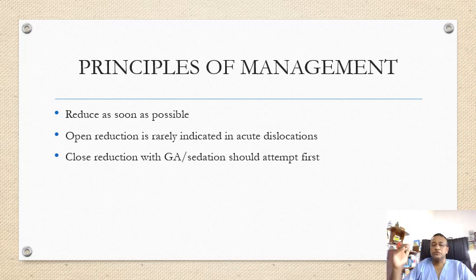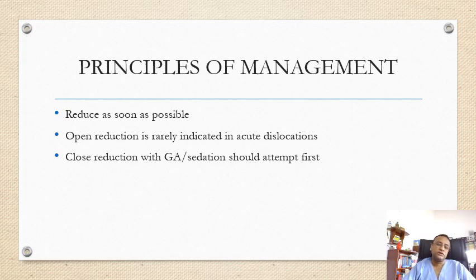Please try to minimize the time between the incident and your manipulation. And other thing is most first-time acute dislocations can be relocated closed. Only very seldom do you require open reduction.